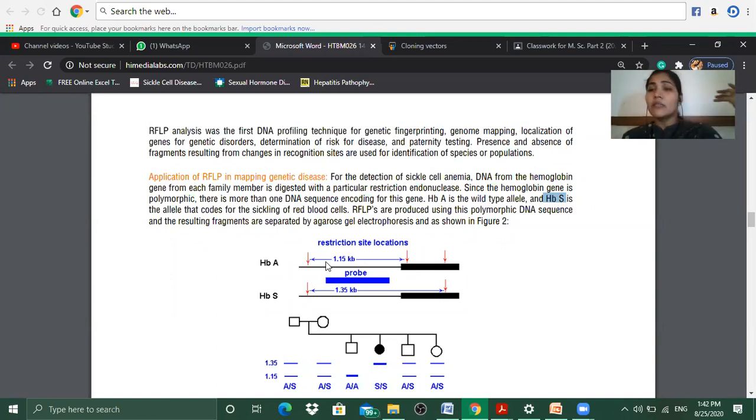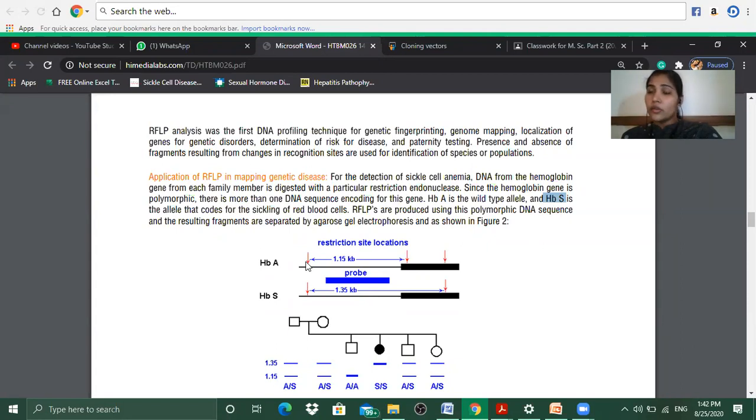So they can take blood samples from the family members, extract the DNA and go for the RFLP procedure to find out which individual is actually suffering from sickle cell anemia, which individuals are carriers, and which individuals are wild type for the hemoglobin gene, right?